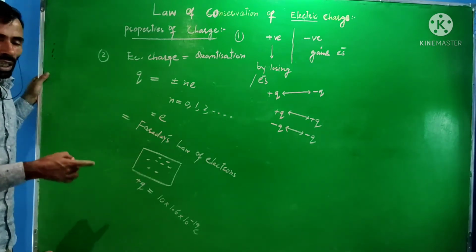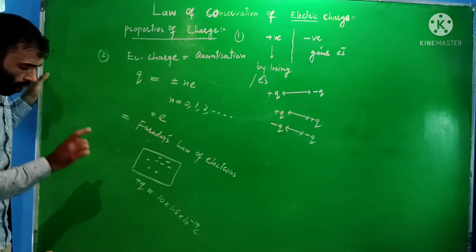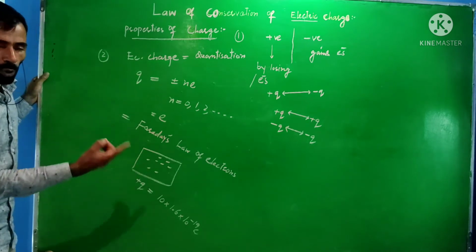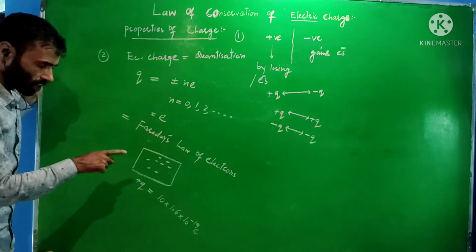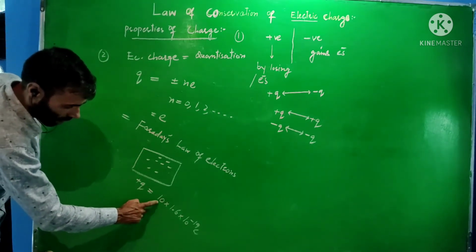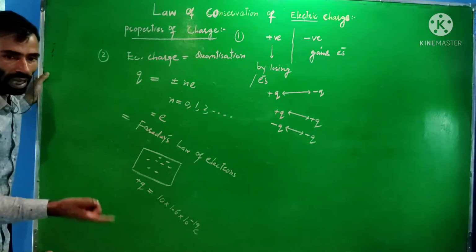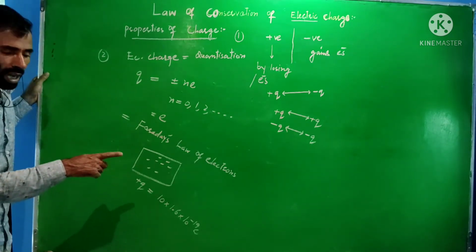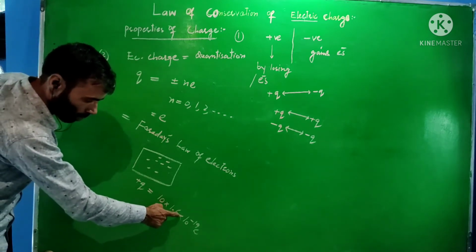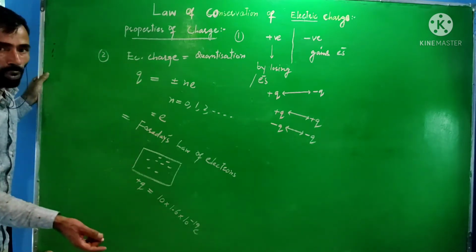So any body, if it is charged, then on it there may be either positive charge or negative charge. That charge is equal to an integral multiple of the charge on an electron if negatively charged, and an integral multiple of the charge of a proton if positively charged.